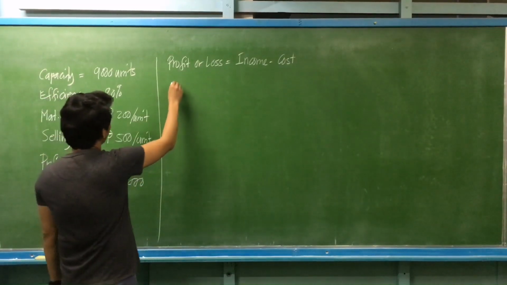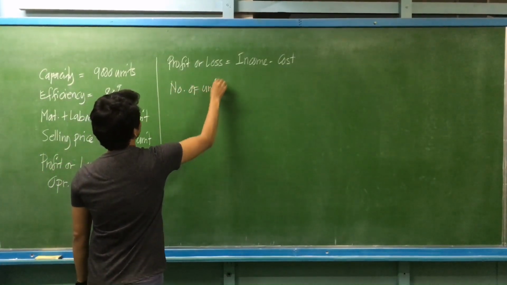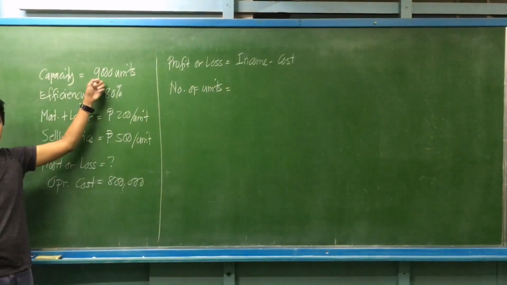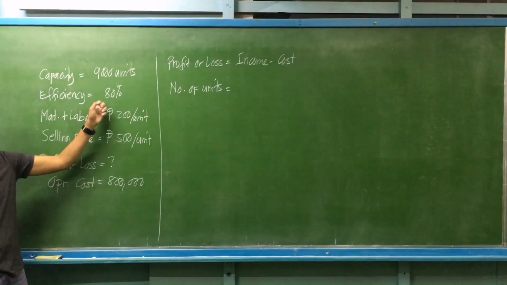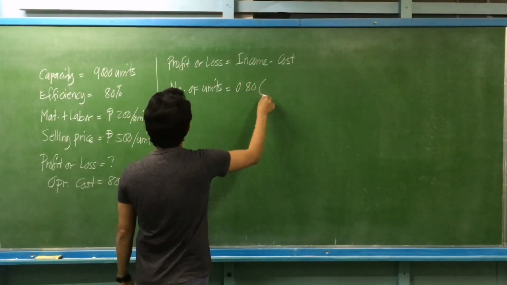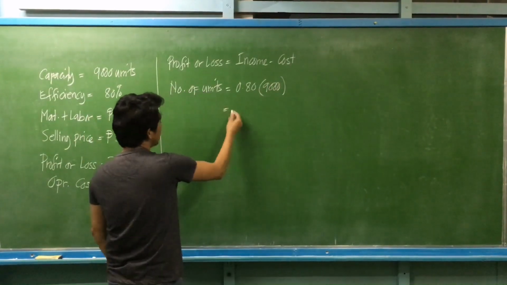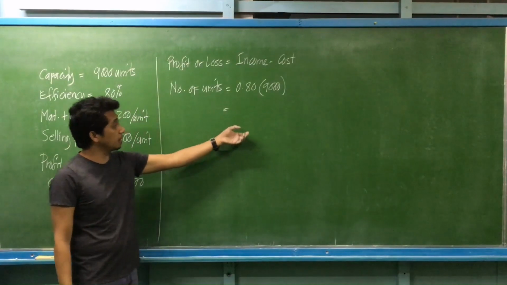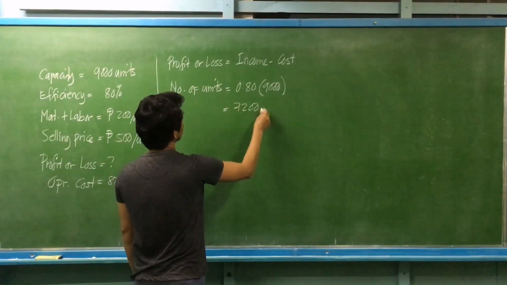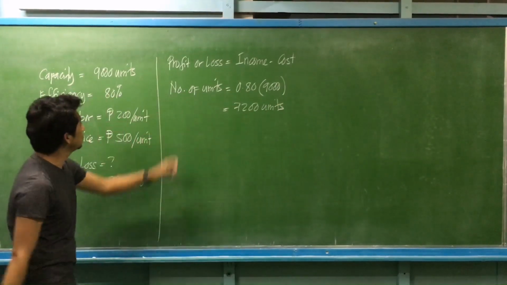So, kunin na natin yung number of units. Yung capacity is 9,000, pero nagbigay siya ng efficiency na 80%. So, more likely, we have 0.80 ng 9,000. So, ang most probable number of units na magagawa is only, let's say, 7,200 units.